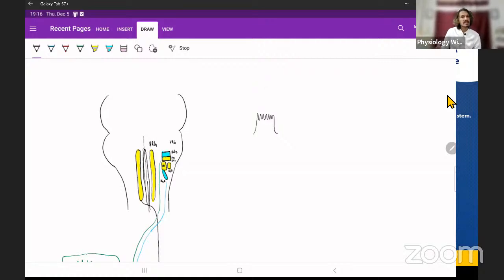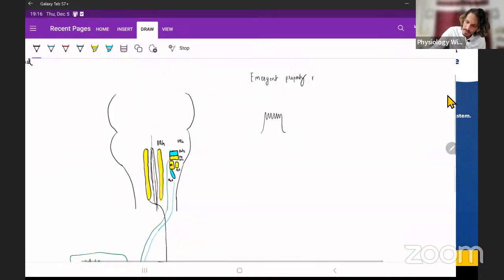And these ramp signals are what give rise to the impulses for the activation of these muscles. Now, how does the ramp signal arise? Actually, there is a model which is widely accepted, which is called the emergent property model. Different theories are there, but the most widely accepted model is this.